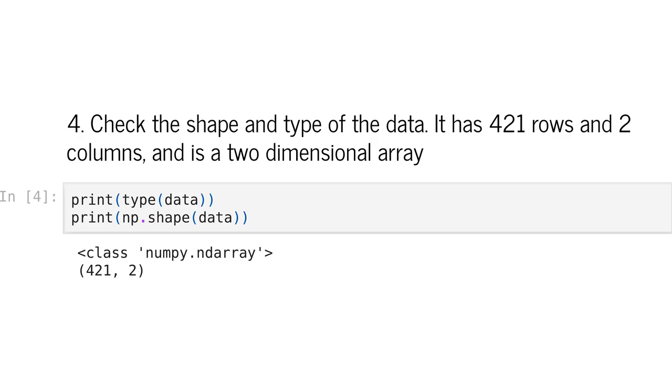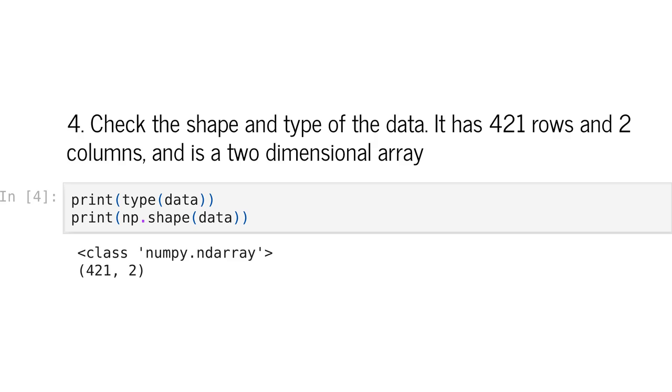Once the data is loaded into the NumPy array, the next step is often to inspect its structure and type. This helps us understand what we are working with. The code uses two print statements for this purpose. The first one, print type data, will show us the type of the data object itself. Since we used numpy.loadtxt, we expect this to be a numpy.ndarray, which is NumPy's fundamental array type.